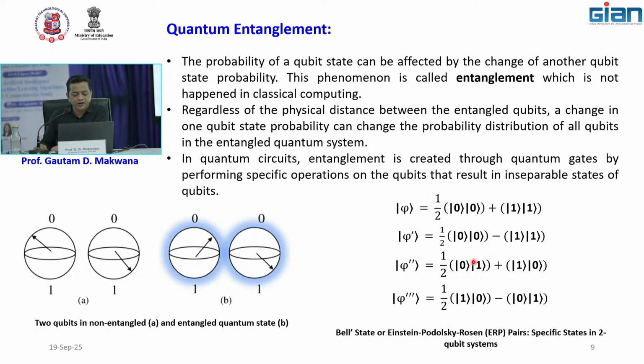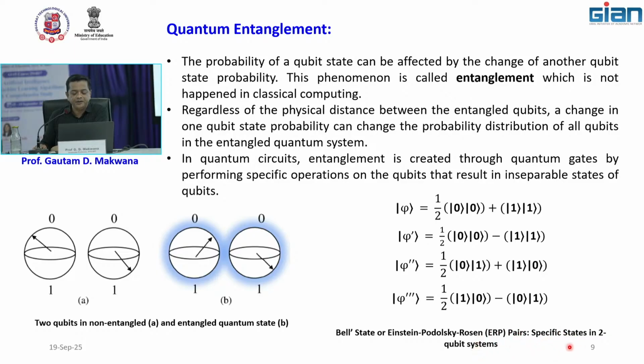So there are different notations: ket psi equals 1 by root 2 of ket 0 plus ket 1, and ket psi prime equals 1 by root 2 of ket 0 minus ket 1. In this way, we can get many other states in entanglement, which are known as Bell states, or Einstein-Podolsky-Rosen (EPR) pairs.